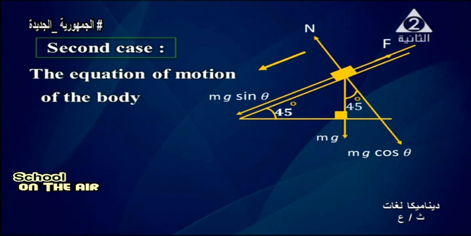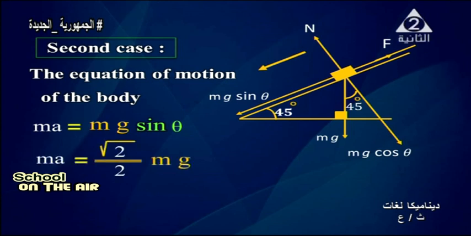The equation of motion is ma equals mg sine theta. ma equals sine 45 equals root 2 over 2 times mg, divided by m on both sides. Then the acceleration a equals root 2 over 2 g meter per second squared.